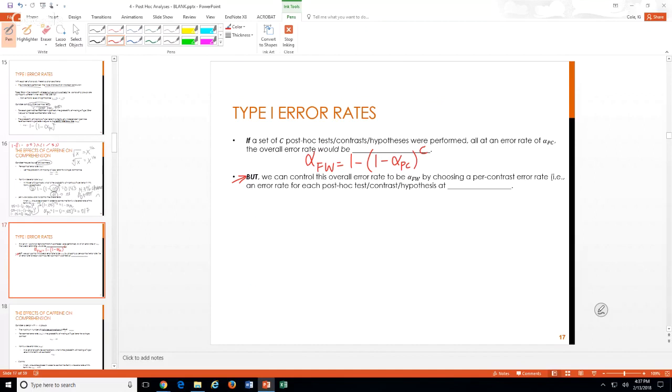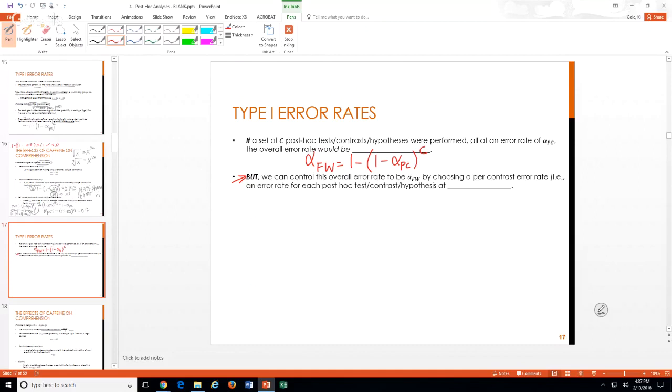But this tells us really how inflated our overall alpha rate is, and it's often way too high than what we want to maintain. So we determined that we could manipulate that formula a little bit to determine what each alpha should be to maintain the overall error rate.